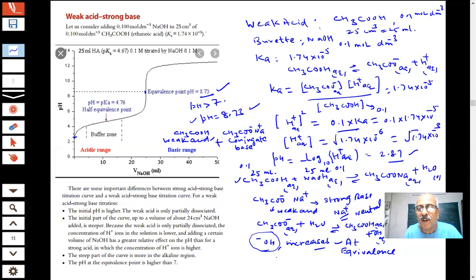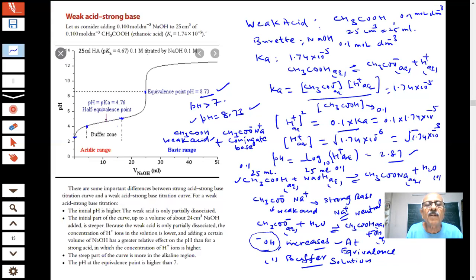Very important point. You know what a buffer solution is? You have studied this in 11th class. A buffer solution is that solution which resists change in pH when you add small amounts of acids or bases. And the buffer effect is shown. I have shown a buffer zone. See the buffer zone, from here to here.